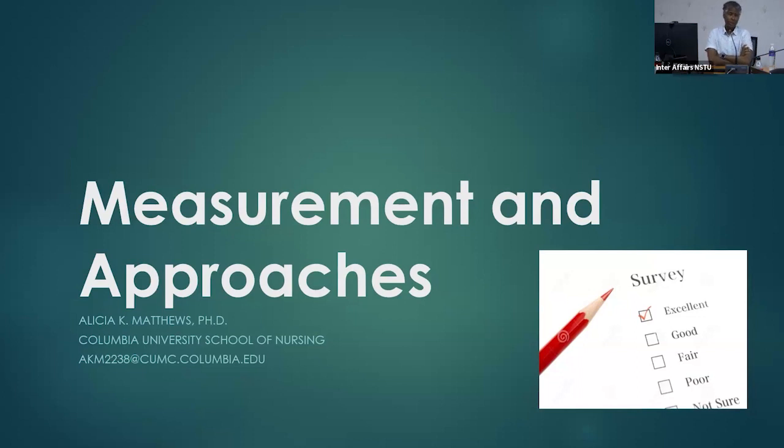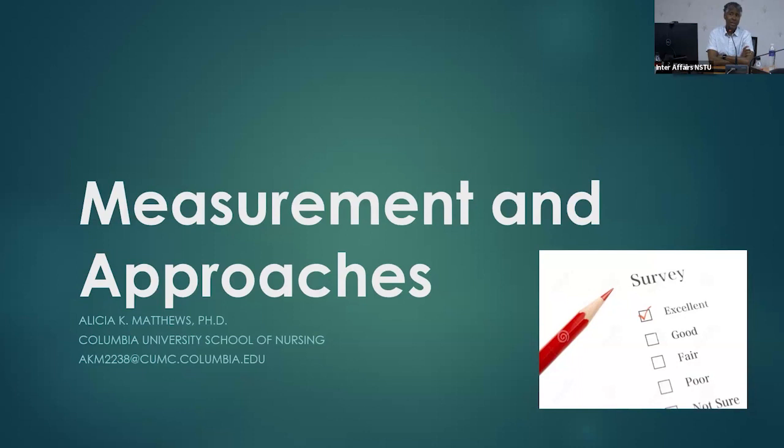The second type of broad question relates to, can I just develop measures for my study? I'm not able to find any appropriate measures. Can I just develop them for my study?